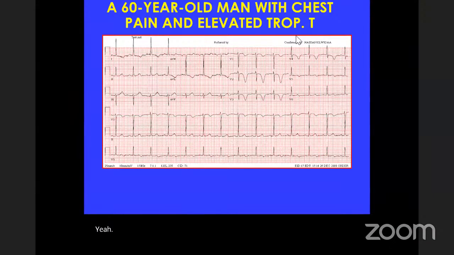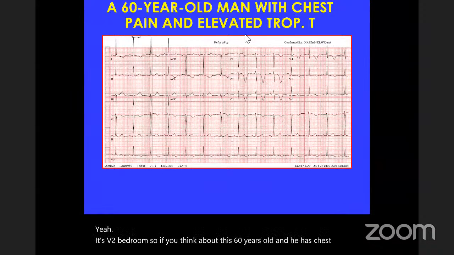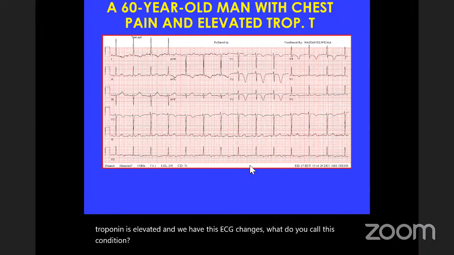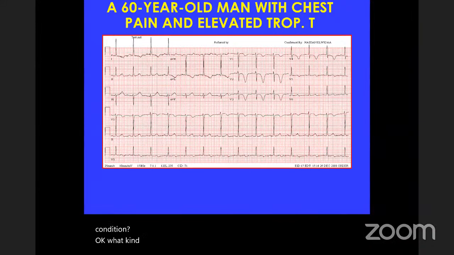Right. So if you think about this 60-year-old with chest pain and elevated troponin and these ECG changes, what do you call this condition? Anterior MI. What kind of MI? Is it ST segment elevation or non-ST segment elevation? It is ST elevation, STEMI.